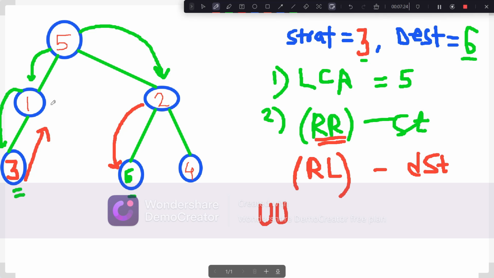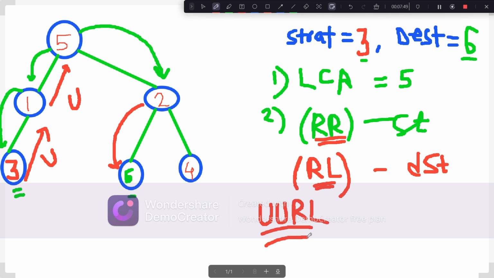So up is U. Whatever the length of it, that many times. So this is U only, this is U only. And whatever the destination path, we have to directly append it. So U, U, R, L. This would be our answer, as simple as that.